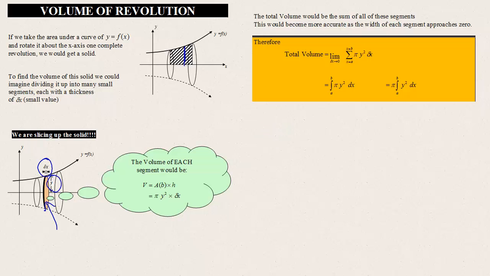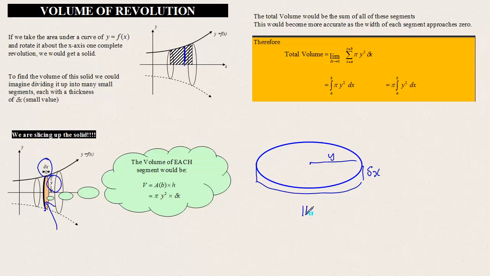So if we have a disk, let's just look at this disk taken out on its own. Delta x is this distance and the radius is y. Now the disk is a very thin cylinder, so the volume would be the area at the end multiplied by delta x.